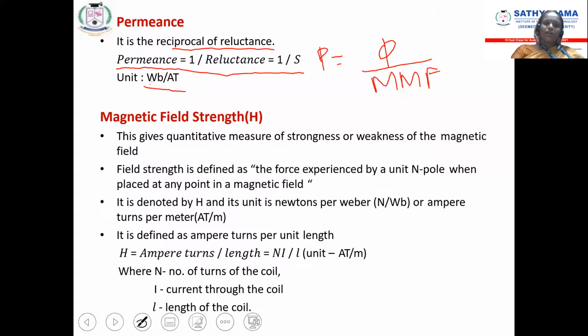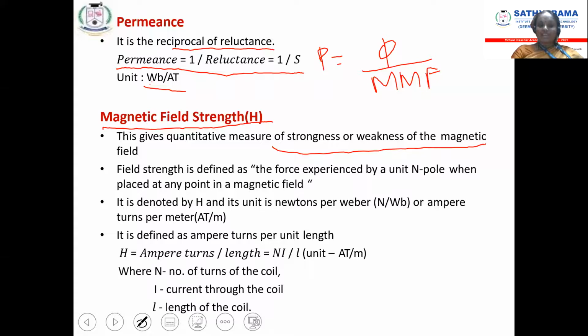And one more important term, magnetic field strength. We have seen magnetic flux density, where the magnetic flux passes through a unit area or a specified area. Similarly, we have to measure the magnetic field, whether it is the strongest field or weakest field.